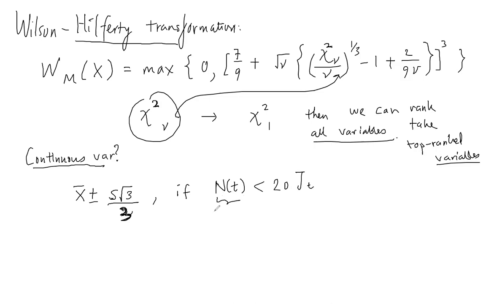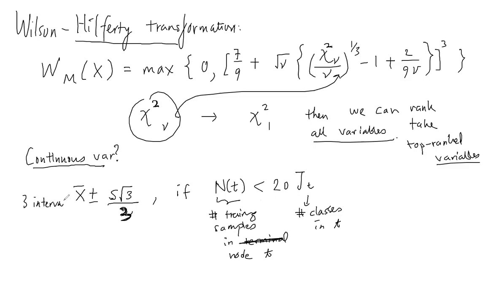Okay, so this NT is the number of training samples in this terminal node T. JT is the number of classes in T, right? So if this condition is true, then you will create three intervals.